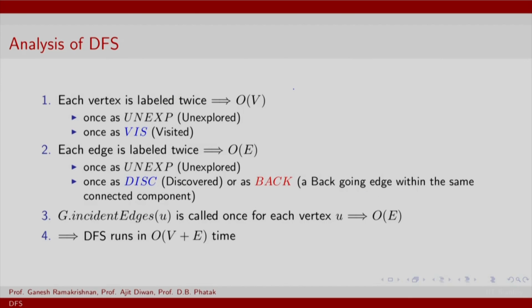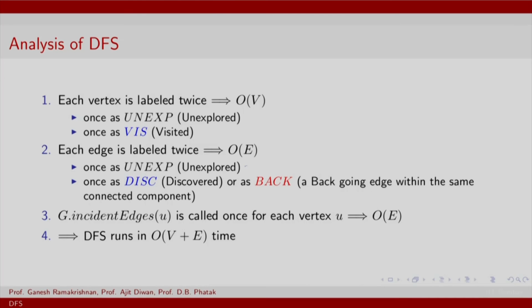Some analysis of DFS: each vertex is labeled twice and that gives you order of V complexity. One is when you make it unexplored and the other is when you visit it and mark it as visited. We never visit a visited node. In fact, what we do is look at all the descendants of a visited node until they are completely explored.